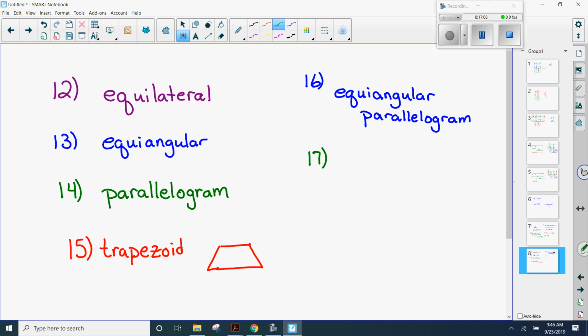17, what is a rhombus? Well, is a rhombus a parallelogram? Yes, it is. Equilateral, all the sides are equal.